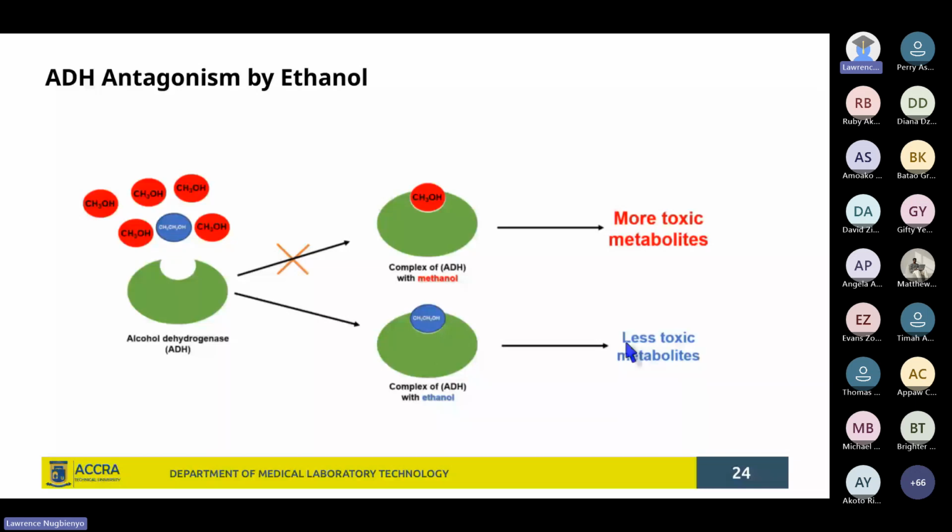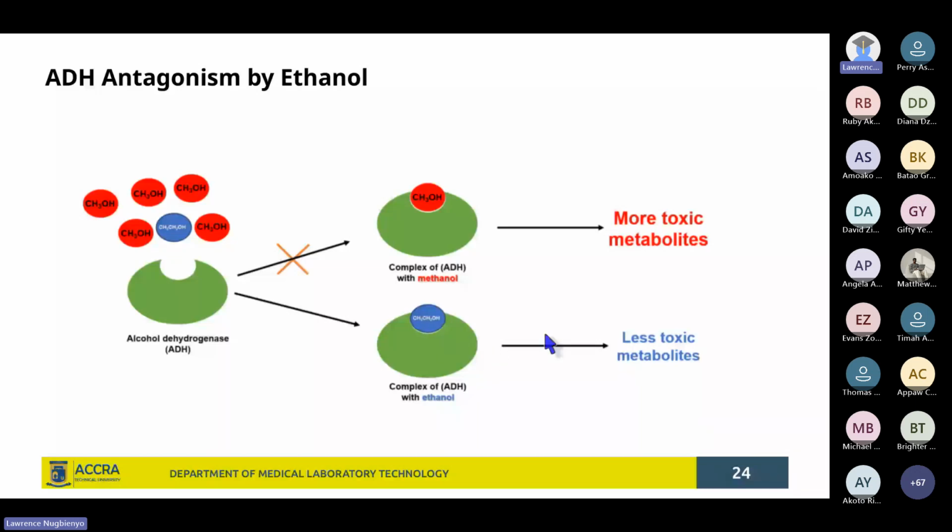In the human system, alcohol dehydrogenase is able to convert ethanol to acetaldehyde, which then gets converted to acetic acid. That acetic acid can easily bind onto coenzyme A, form acetyl-CoA, and then go into the TCA cycle, generating energy.